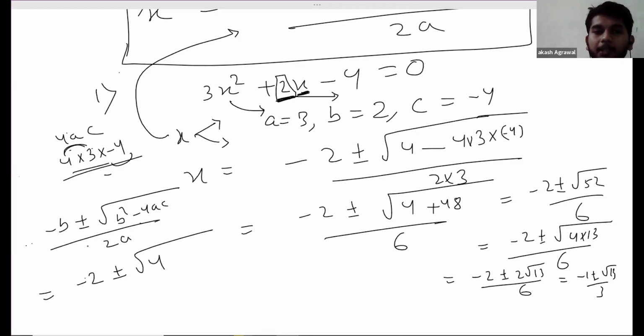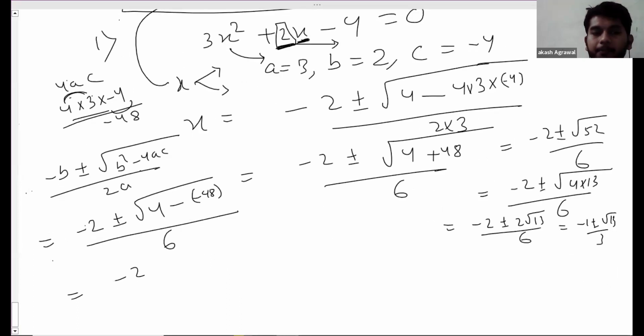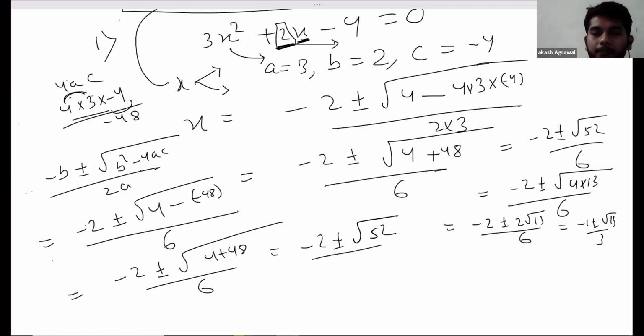So this is minus 48. 4ac is minus 48, yes or no, Afnan? Yes sir. Upon 6. अब अंडर रूट के अंदर जो है माइनस माइनस प्लस हो रहा है. So 4 plus 48 by 6. So this is minus 2 plus minus root 52 by 6.